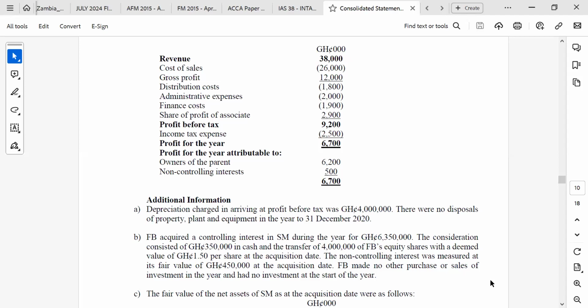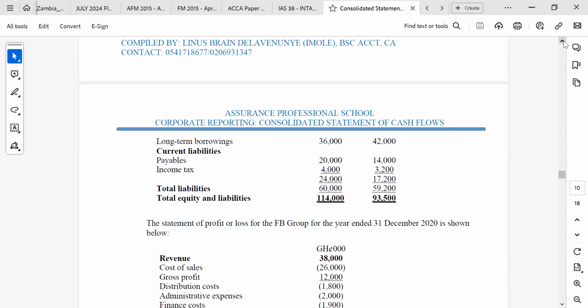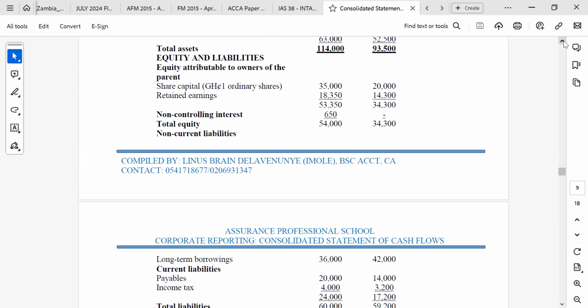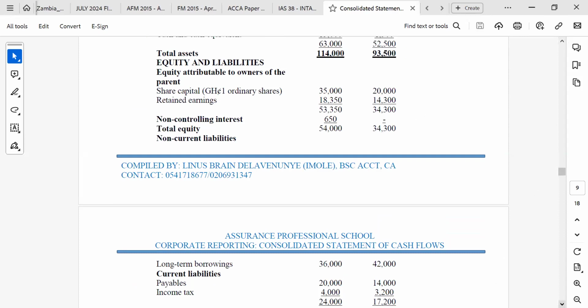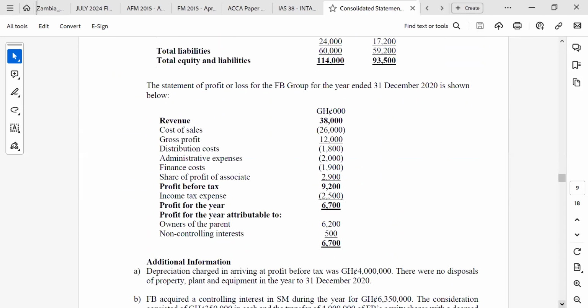If you add 14,300, it is 20,500. Now let's go to the closing balance for the retained earnings, which is 18,350. The difference is 2,150. What does that 2,150 represent?